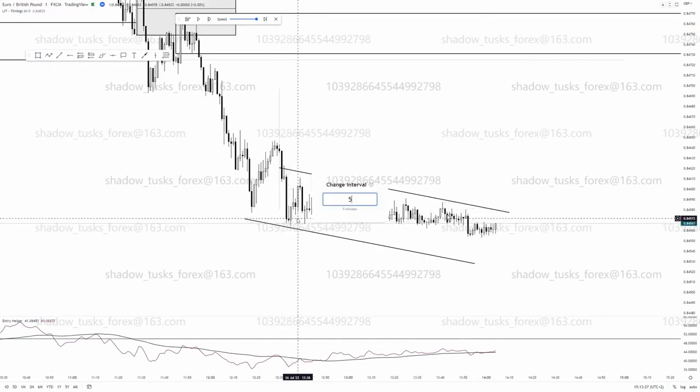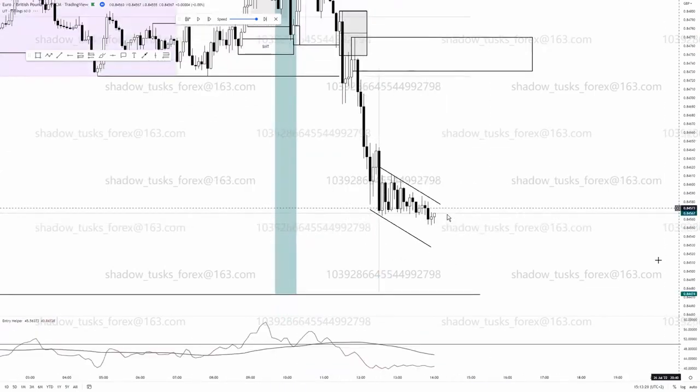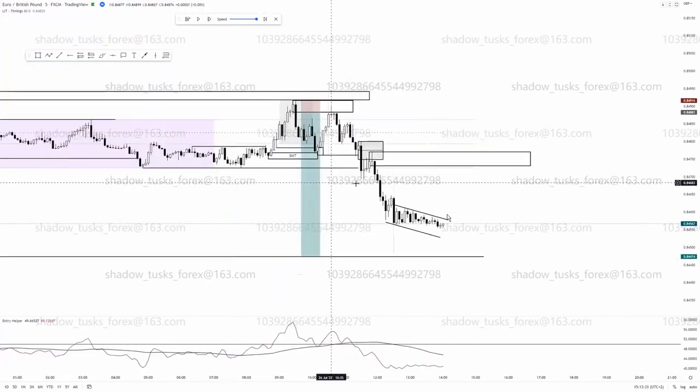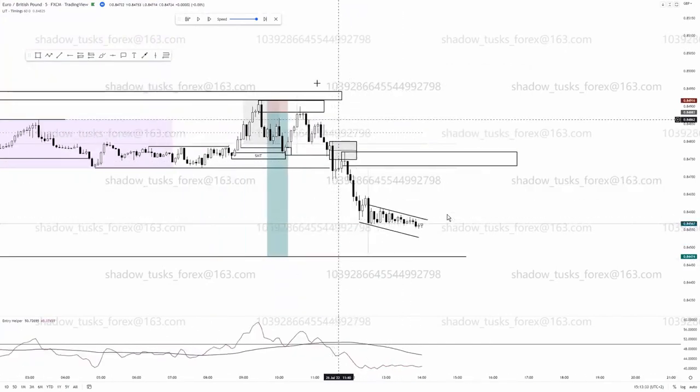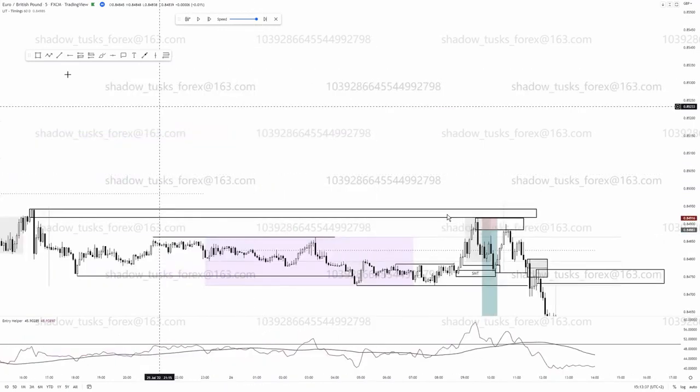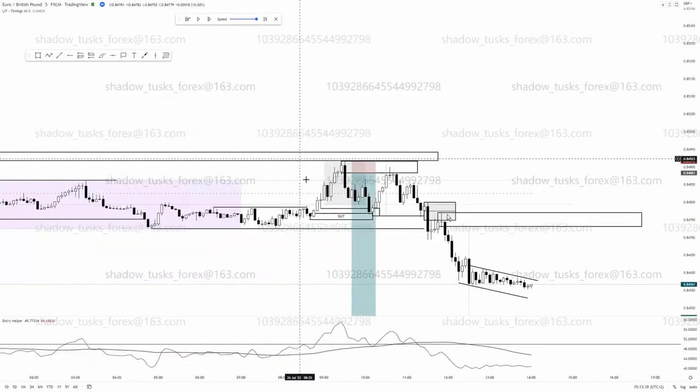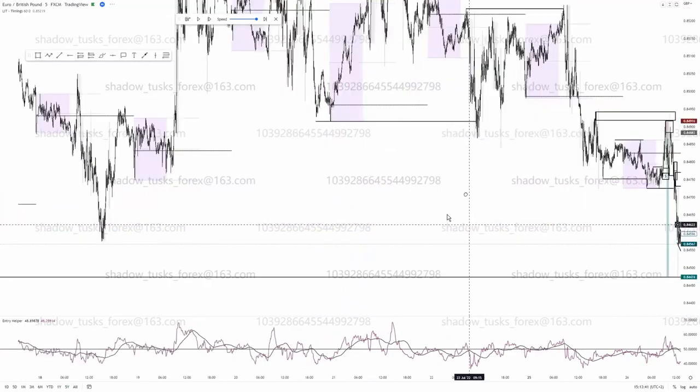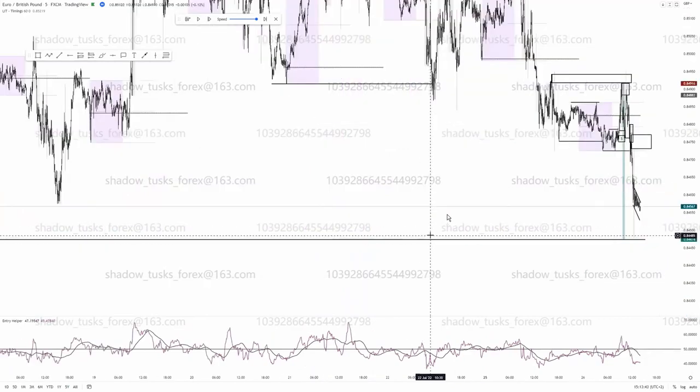But on M5, it's nothing. And especially when you know that this inducement here is in line with everything. It's literally perfect. You know that we should come down and grab at least some liquidity to the downside.